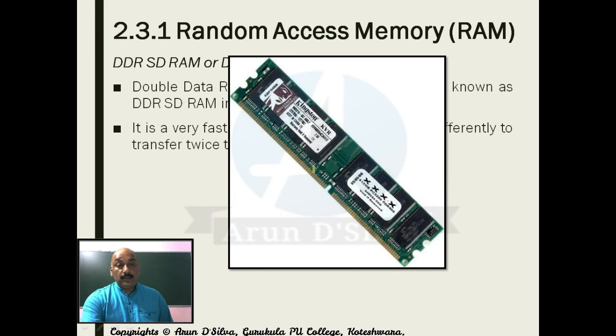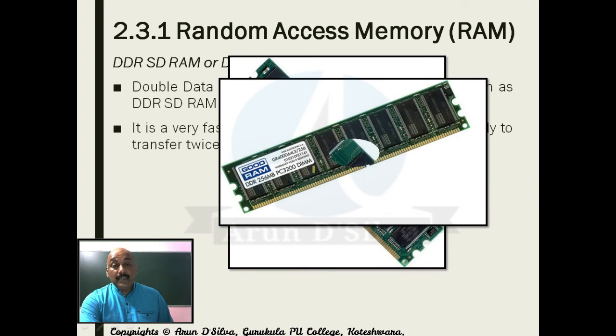This is actually DDR1 SDRAM. Only 2 slots will be there. Today's systems all have DDR RAMs. This is DDR2 RAM. Just see here the label where they mention the size and other things.